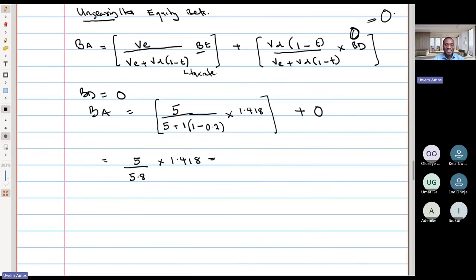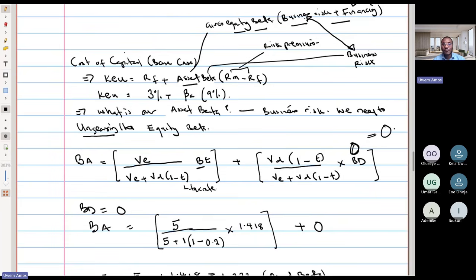That's 5 divided by 5.8 multiplied by 1.418. So we have 1.222 as our asset beta, which is what we need to complete our calculation.